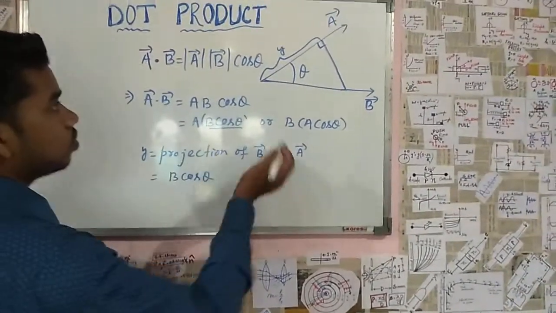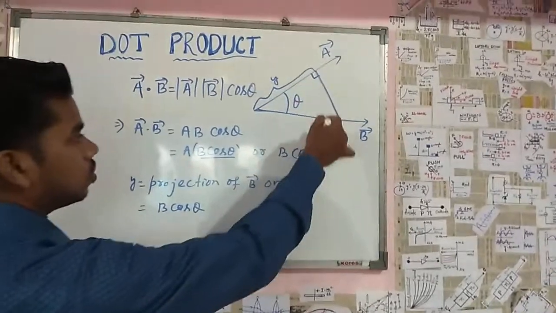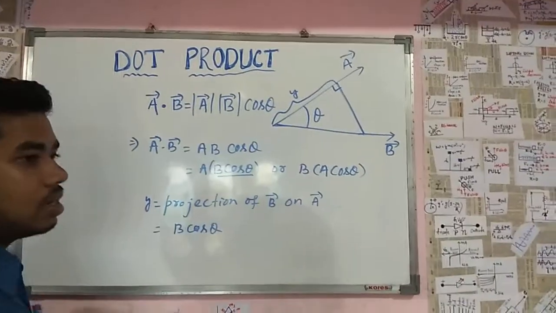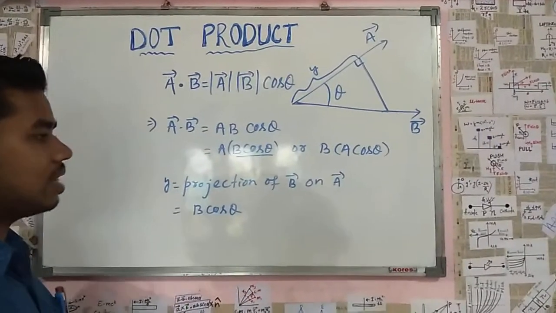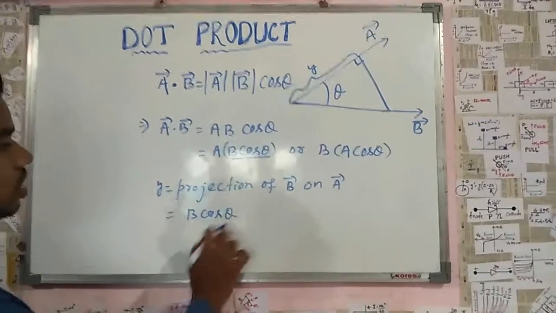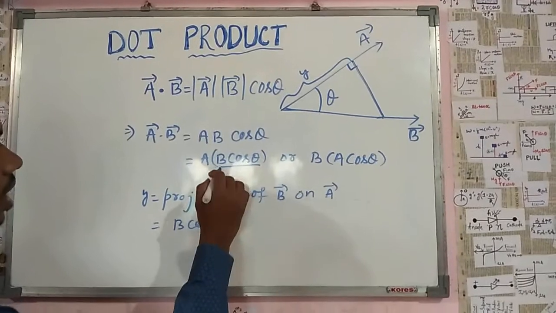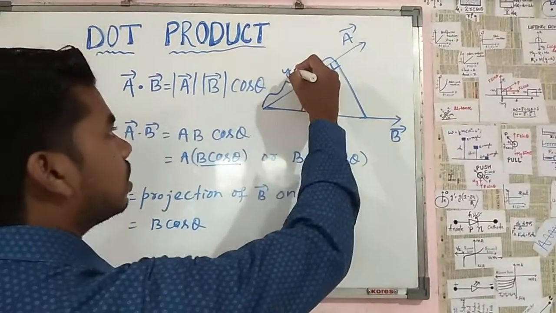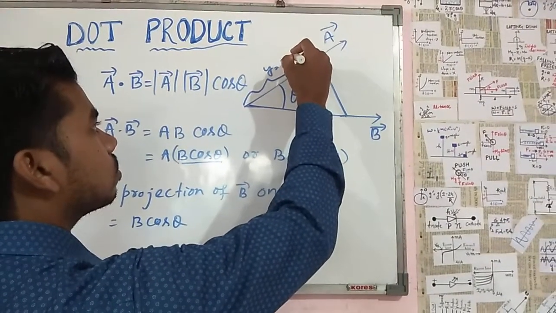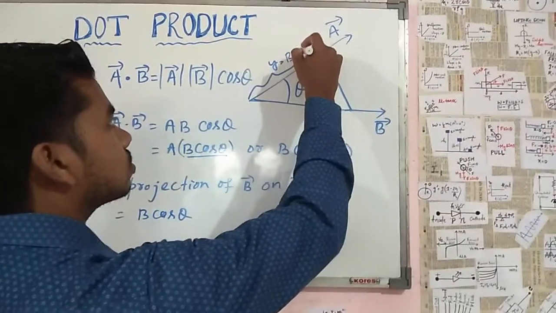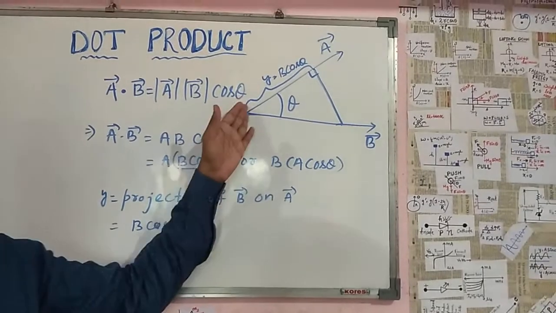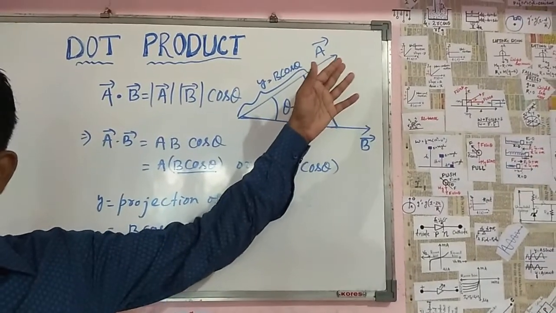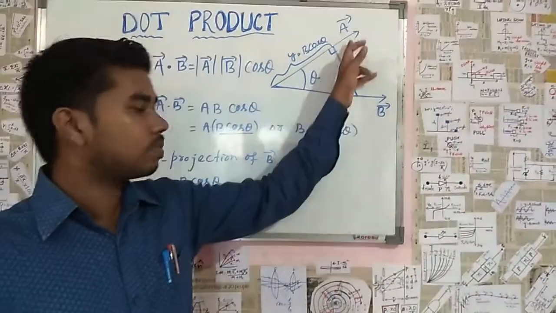Similarly, if we draw a perpendicular from a vector to b vector, then we can find the projection of a vector on b vector, which will be a cos theta. So let us look at a into b cos theta. B cos theta lies in the direction of a vector.